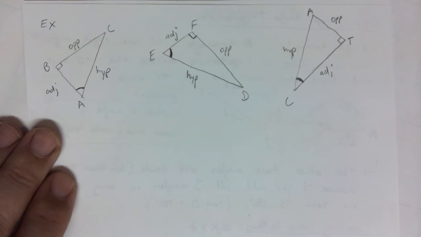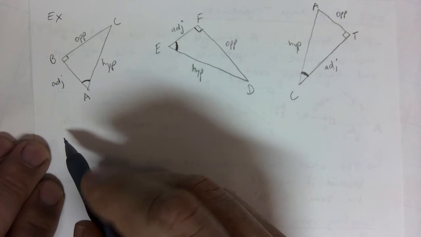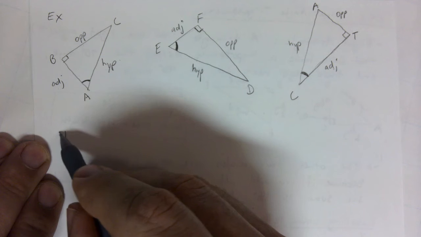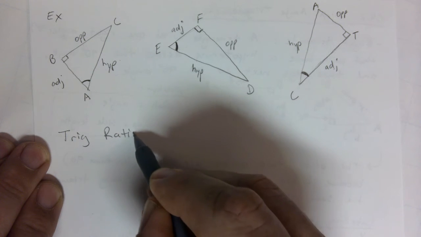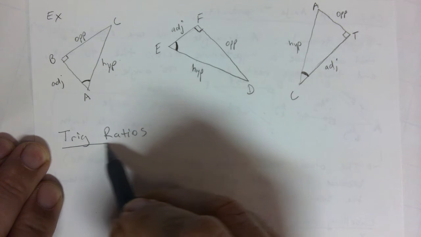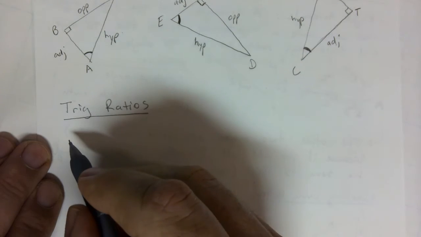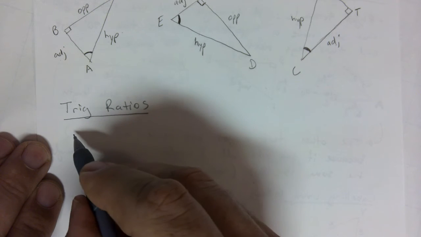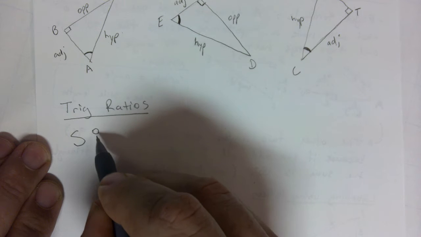So here is what, for some of you, may ring a bell. Trig ratios. This is going to be used over and over again. In short, I use this, okay?